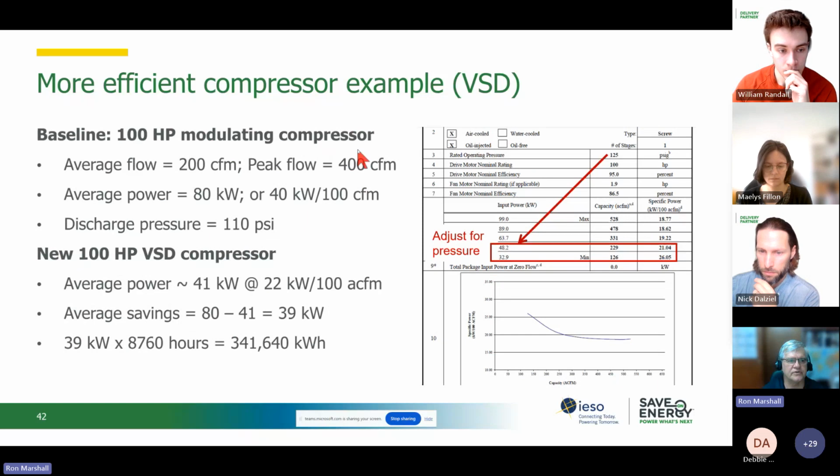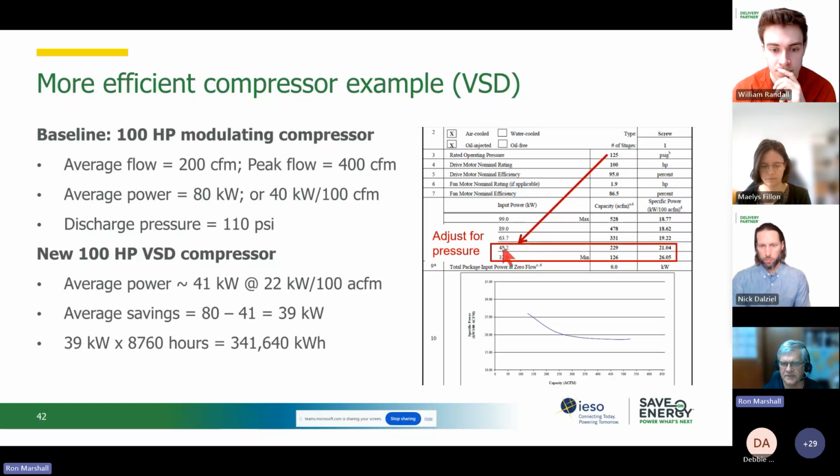If we decide, instead of a fixed speed compressor, to go from modulation to a VSD compressor using the same numbers as before, we can pick from the KGI sheets. We might have to adjust for pressure again because this compressor is tested at 125 and we're running at 110, right? We adjust for power and pick from the KGI sheet.